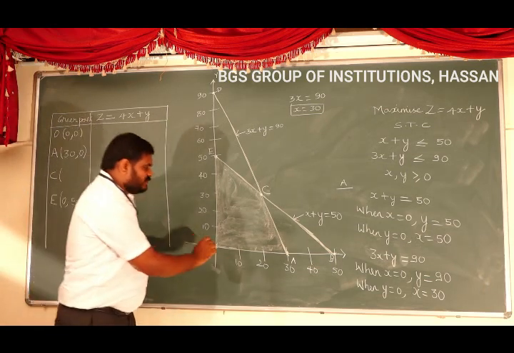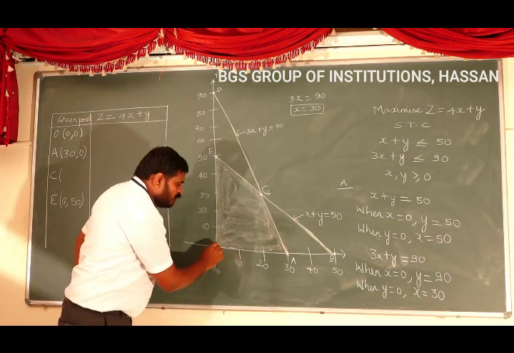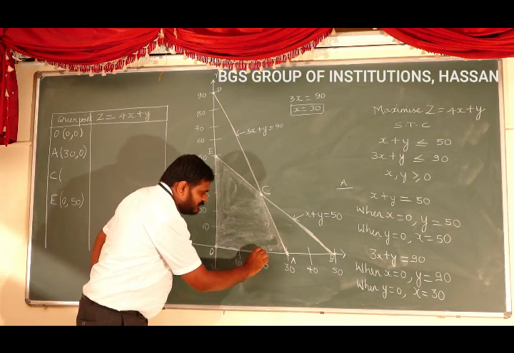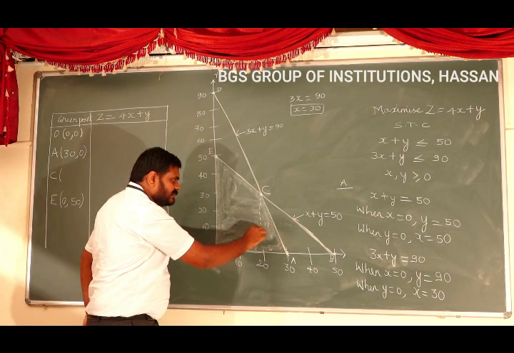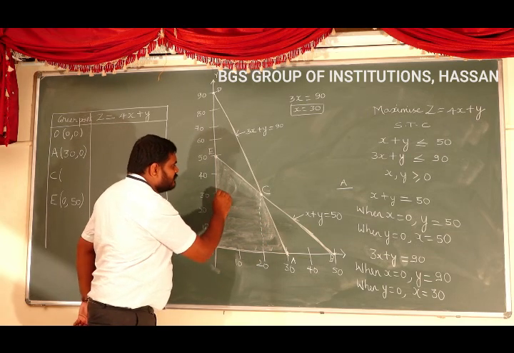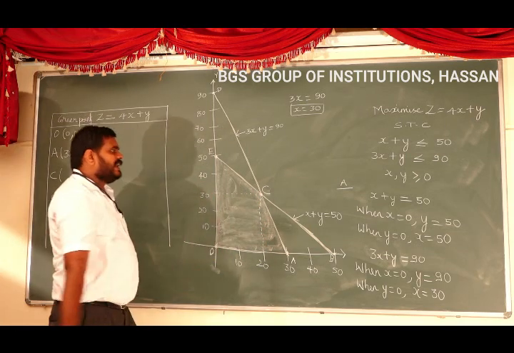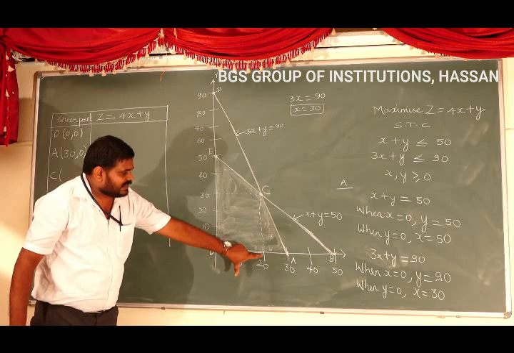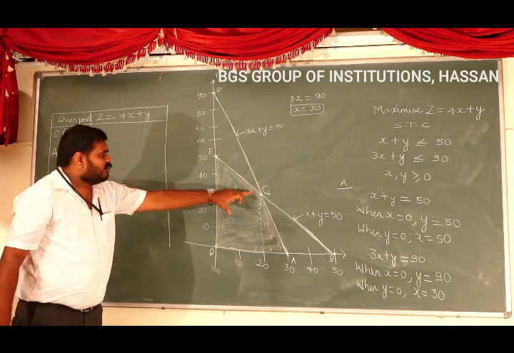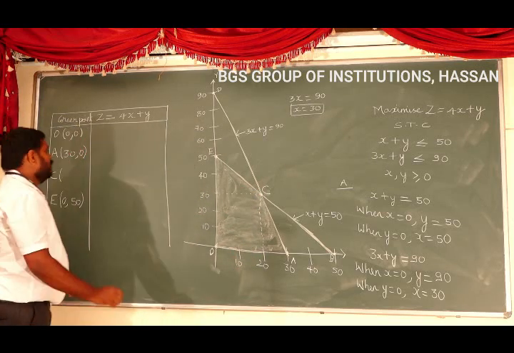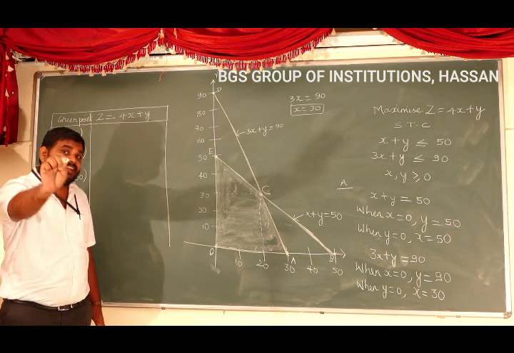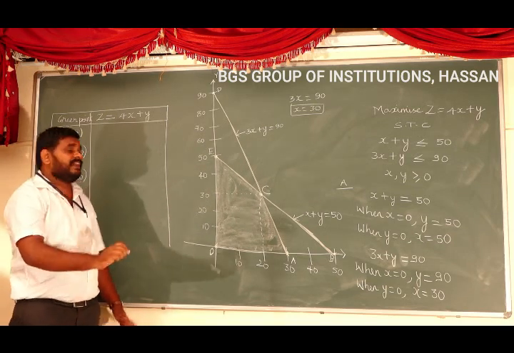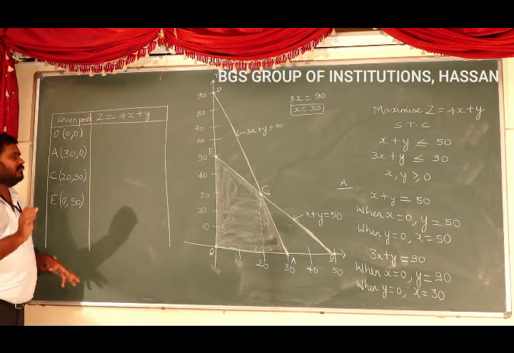Because I need to travel like this, you can mark dotted lines going to the x-axis as well as dotted lines going to the y-axis. You will get to know the x goes to 20 and the y goes to 30, which means it's 20, 30. And we all know very clearly, first I need to write the value of x coordinate and then the y coordinate. So C is 20, 30.